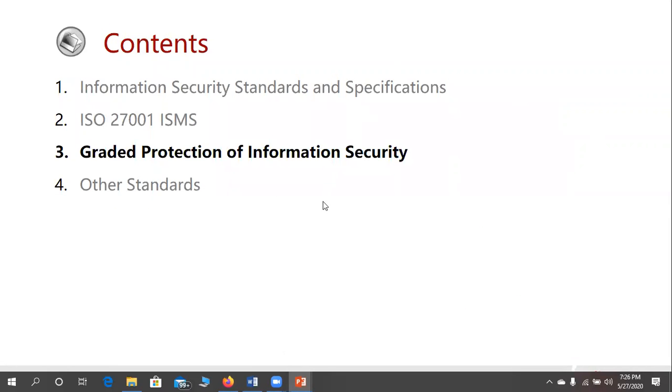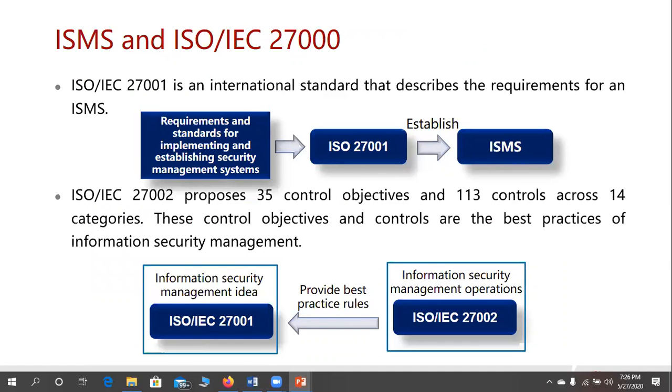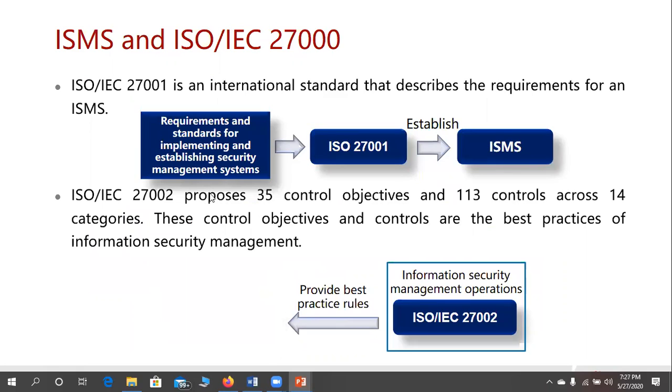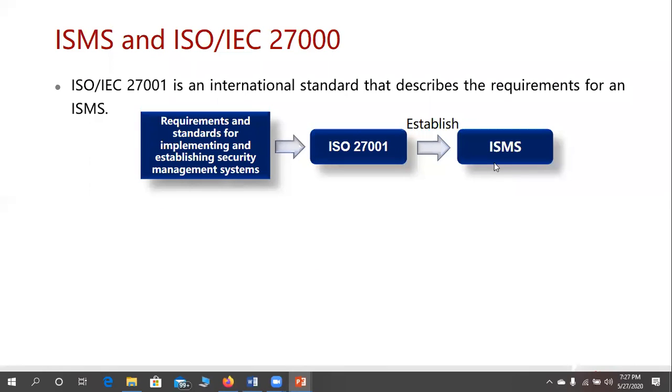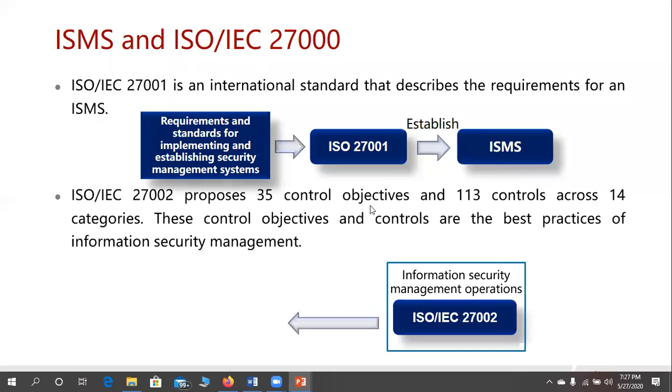Mr. Teo, another question. Yes. What is the difference between the ISO and the ISMS? You can go back to the previous. Okay. Here. Yes, this one. ISMS and ISO. All right. So you see, ISMS got some of the things from ISO 27001.